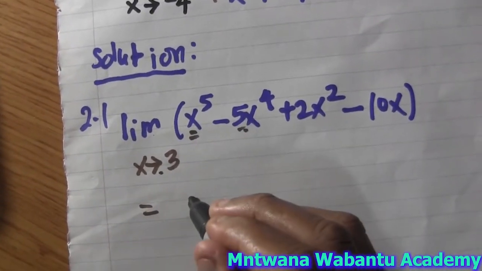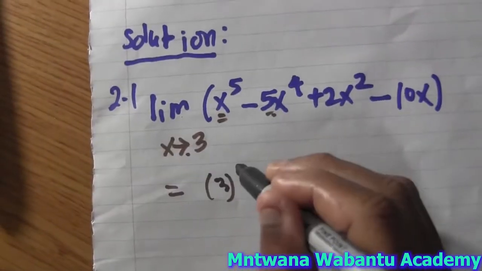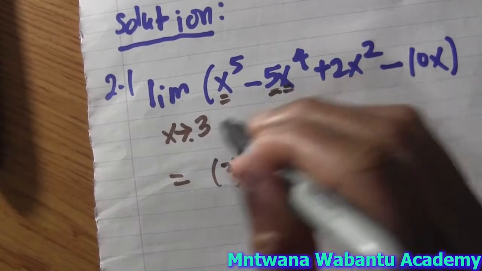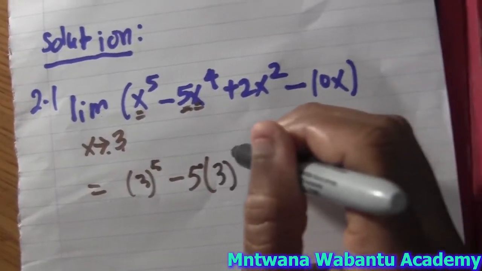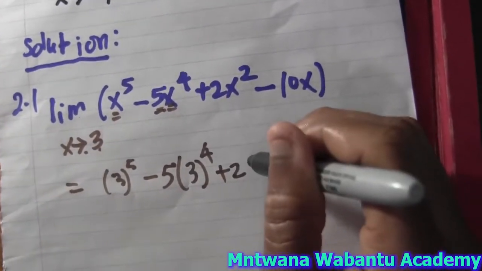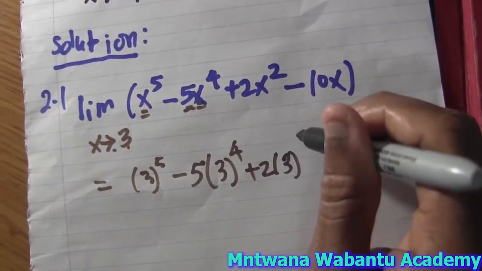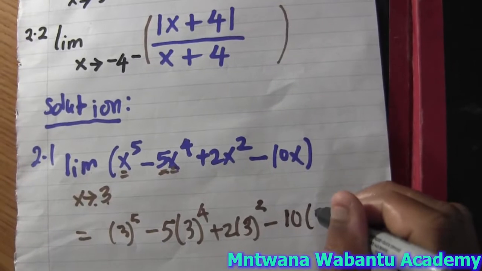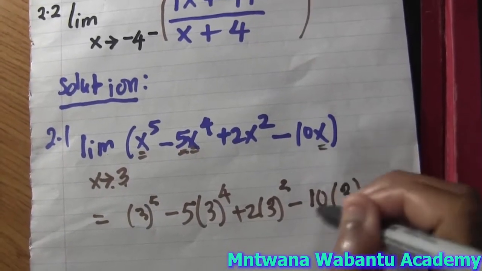So we're going to say 3 to the power 5, and then minus 5, and in the position of x we put 3, to the power 4, and then plus 2, and this is going to be 3 to the power 2, and then minus 10, and after that we substitute the position of x by 3.